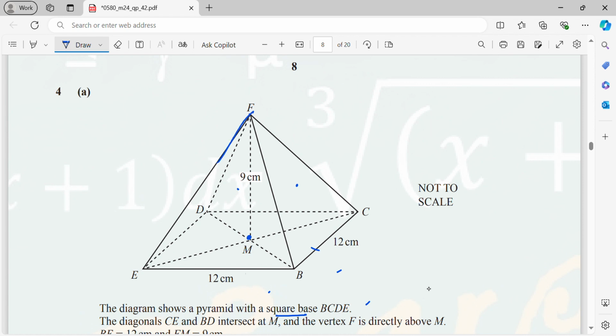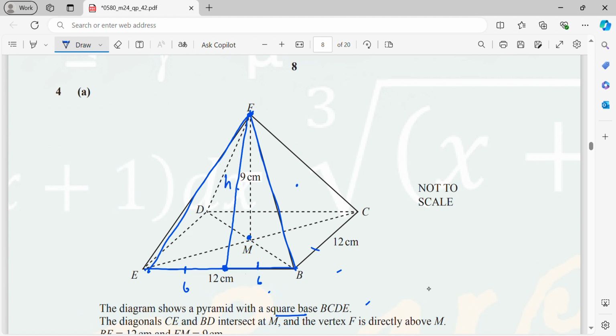For the triangle, the vertical height is always from the sharp point up to the midpoint of the base. That means here is 6, this is 6. So this is our vertical height.